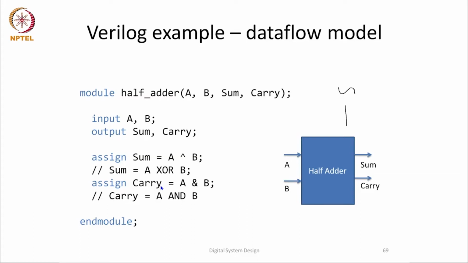You can summarize all of these gates in the form of Boolean equations. Further, you can combine multiple signals in an array and then assign them. All of these features make this data flow model quite powerful. We'll use this in some practice assignments, and then we'll understand.